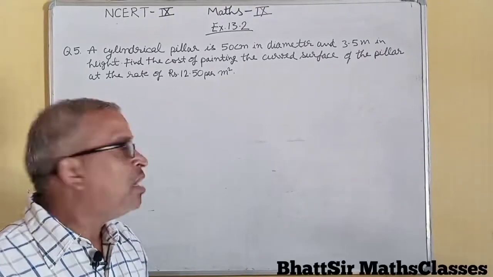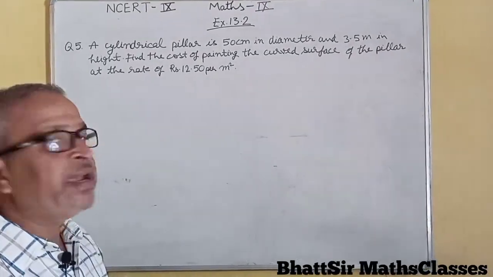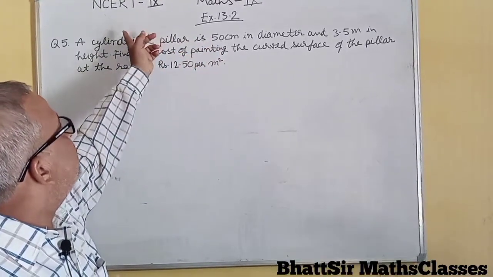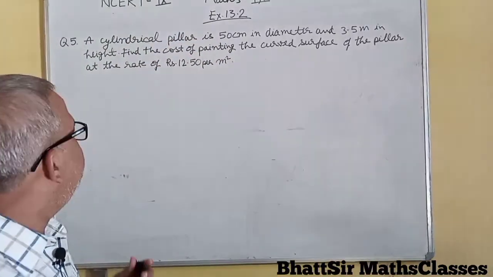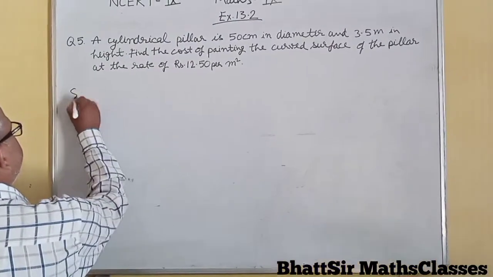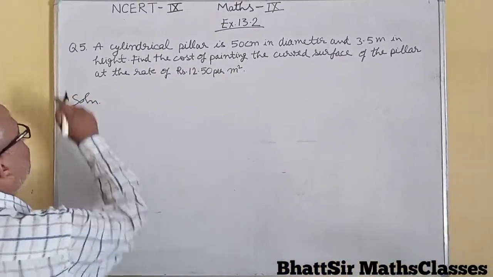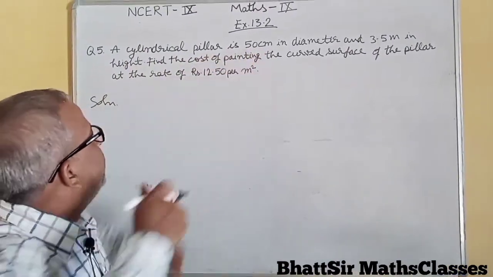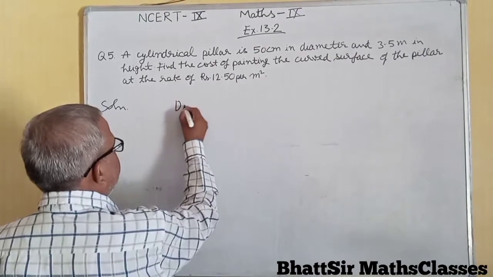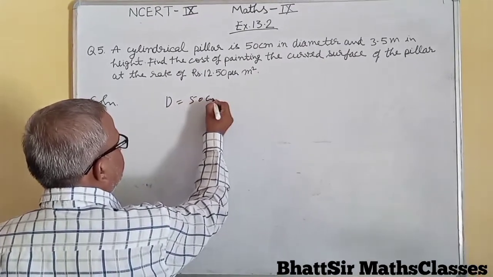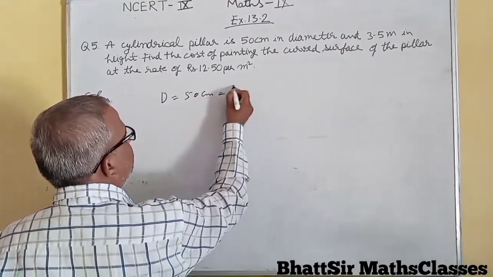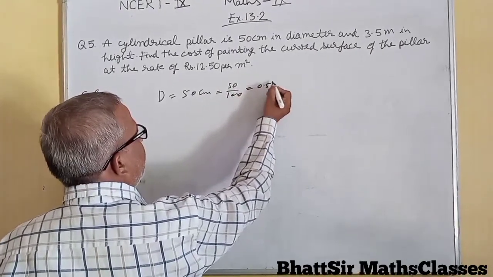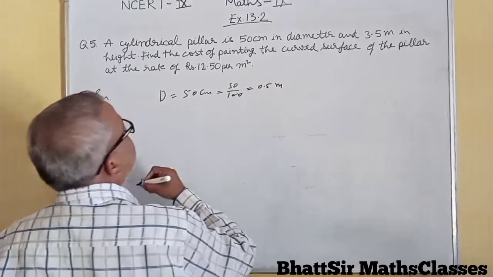Dear students, I am attending question number 5 from exercise 13.2 of NCERT 9th standard. So I am giving a solution of question number 5. A cylindrical pillar is 50 centimeter in diameter. So you convert centimeter into meter. 50 upon 100, 0.5 meter.